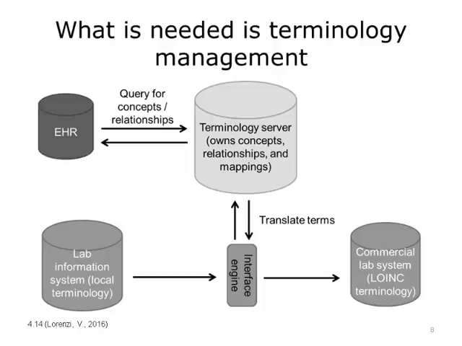You have a terminology server that owns the terms or concepts for a healthcare enterprise, the relationships among the concepts, and the mapping to local and standard terminologies. Systems in the enterprise can access the terminology management system real-time using API calls.